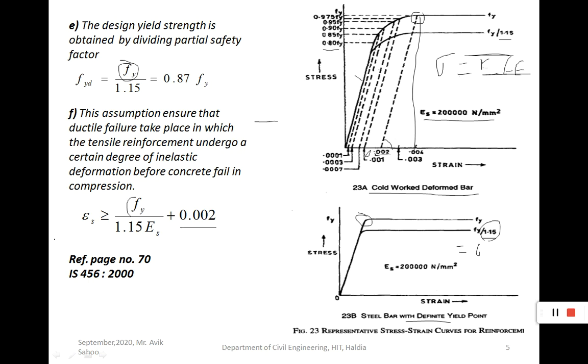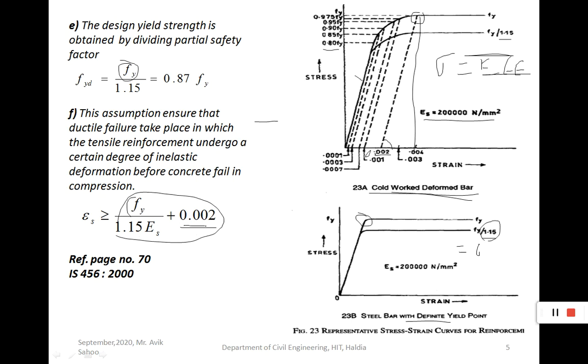One thing you note: as per the limit state method, the strain of steel should not be less than this amount of strain. This strain is called the limiting tensile strain. So the limiting strain is Fy by 1.15 Es plus 0.002, for both the cold worked deformed bar as well as mild steel.